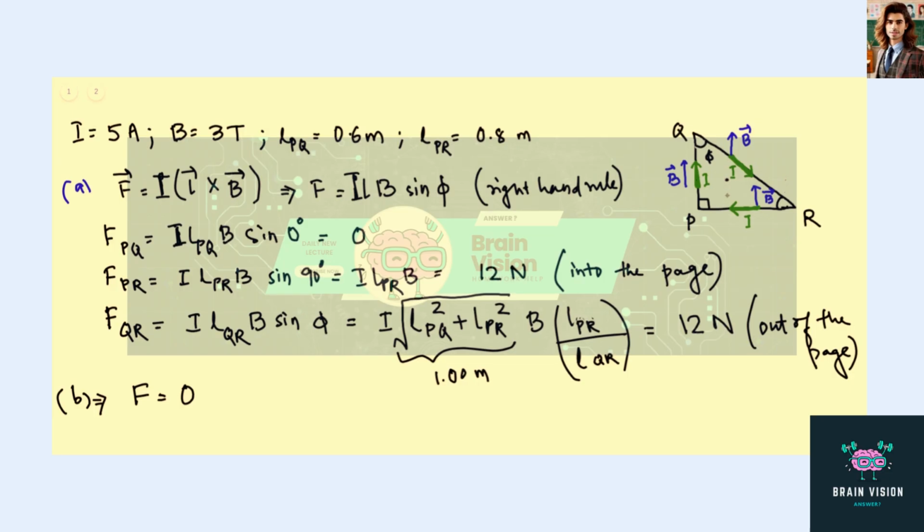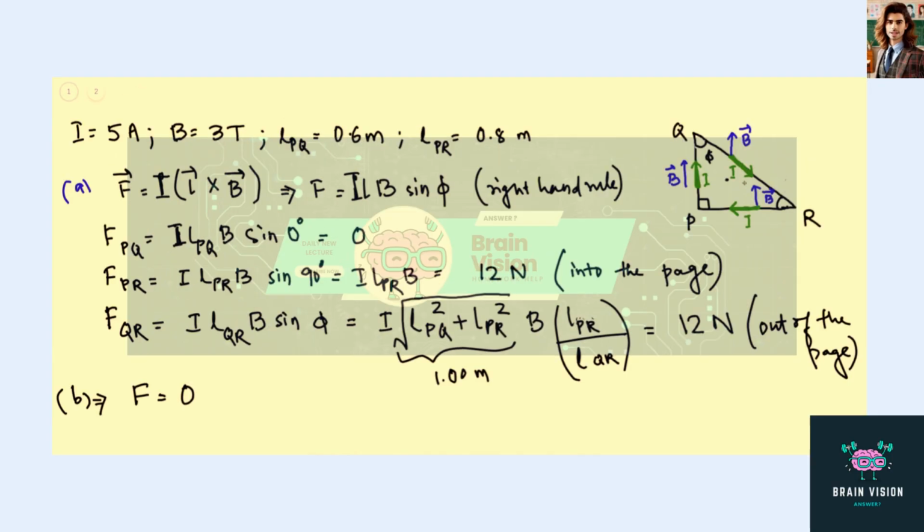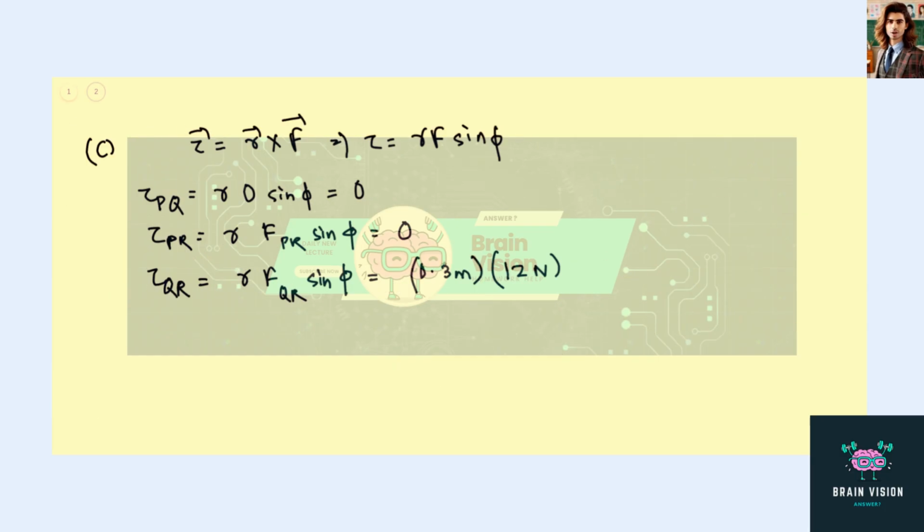That is equal to 0.3 meter. We found F_QR to be 12 Newton, and the force is out of the page, and R is on the plane of the page. So the angle between these two is going to be 90 degrees, and we get this value to be 3.6 Newton times meter.